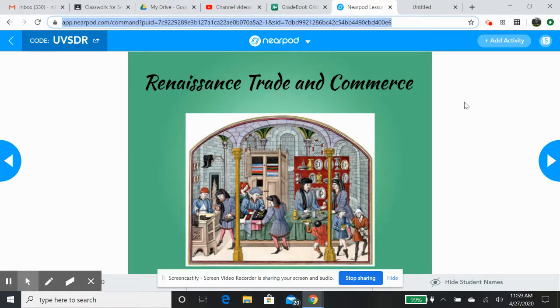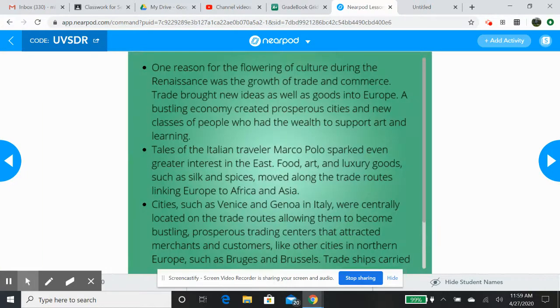So when you really look at it, we come to this next slide where it's basically the flowering of culture because of trade and commerce. They brought new ideas and goods. One of the things that I was just reading about a painting was that, when this was painted, a lot of Europeans didn't even know about citrus. Citrus wasn't something that normal people had during that point in time.